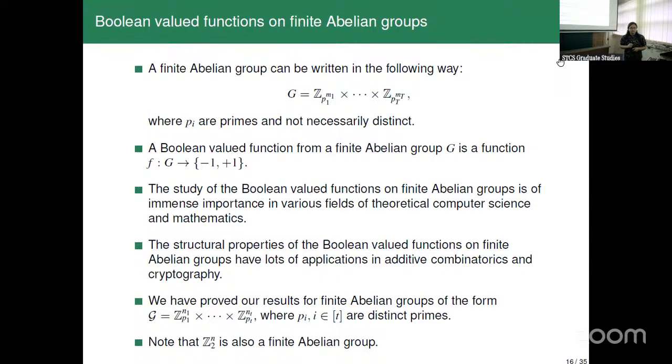Usually, when you write any abelian group as a product of cyclic groups, the p's aren't necessarily distinct. But here you might as well assume that the p's are all distinct, because if two p's are the same, you'll just combine them. Yes, the m's are gone.